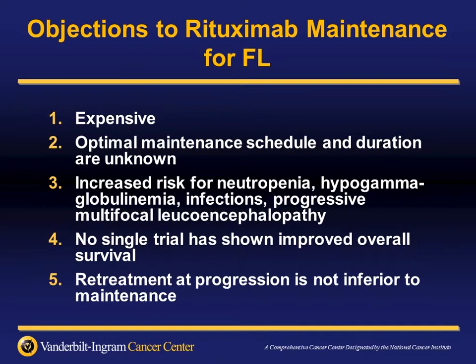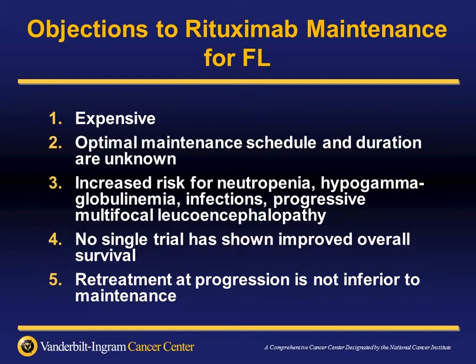There are black box warnings for the latter. It doesn't tend to happen. It's an infinitesimal chance. But when it does happen, your life is over. And the patients it's going to happen in are patients who are heavily treated and have gotten a lot of rituximab. No single trial has shown improved overall survival for rituximab maintenance in follicular lymphoma.